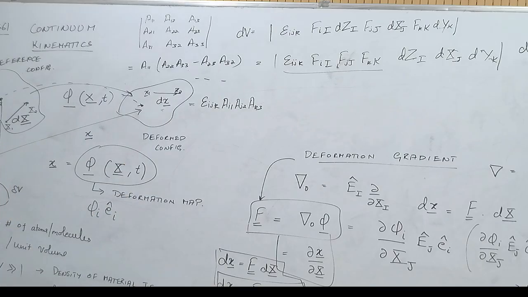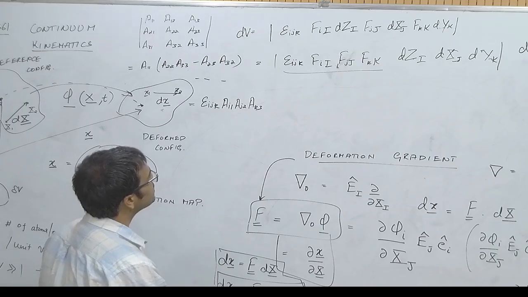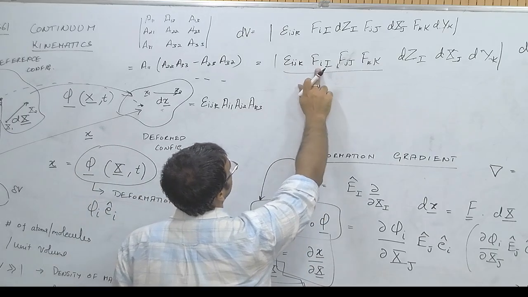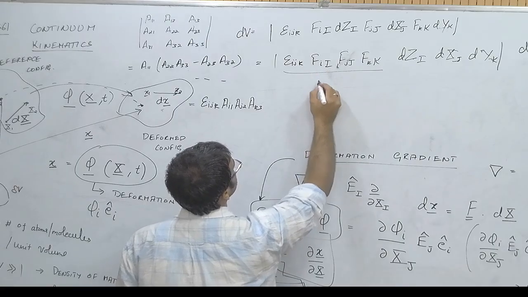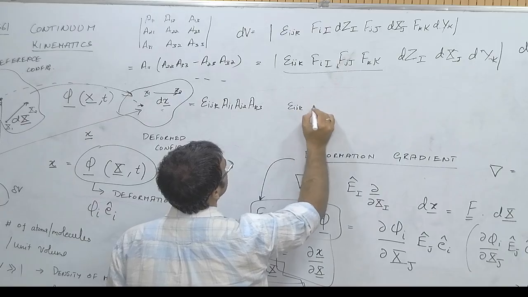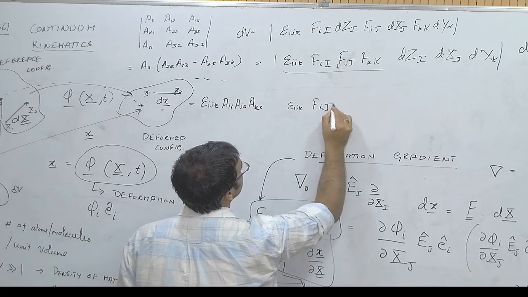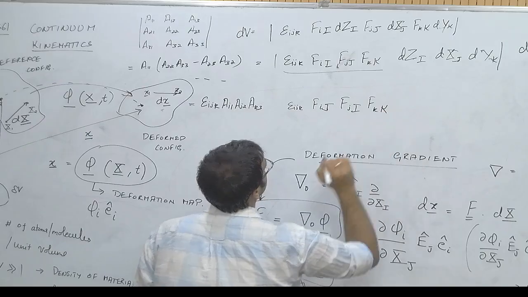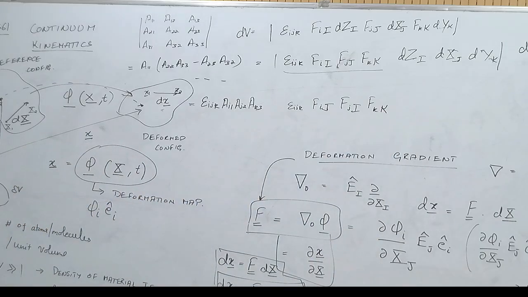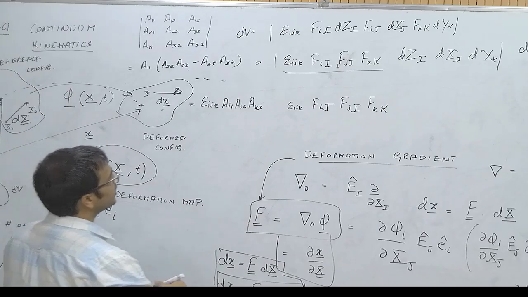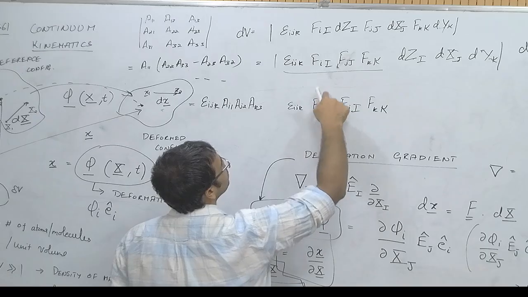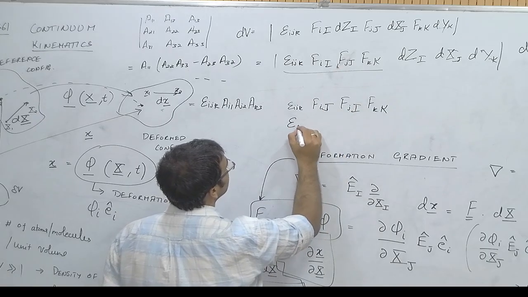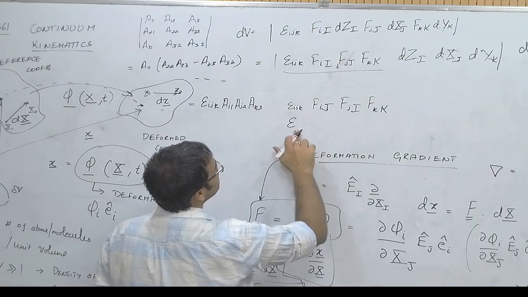How? The reason why this is closely related to the determinant is, let us say I swap out, so let us say I write epsilon ijk f_iI f_jJ f_kK. So let us say I have swapped capital J and capital I. Now to keep an equality between the two, I am going to swap small i and small j also.